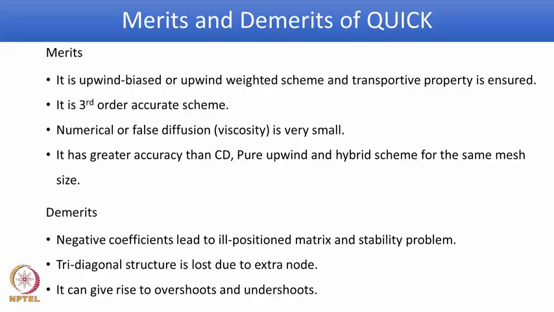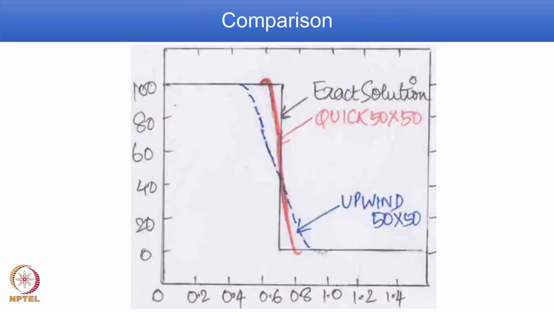Let us get an idea of what is overshoot and undershoot with the help of an illustration. What is shown here is one solution finally obtained, and you see here this black line corresponds to the solution obtained by analytical procedure or exact solution. If you use pure upwind with a mesh size 50 by 50, you get the solution as shown in blue color, and for the same mesh size if you use QUICK scheme, then you get the solution marked with the red color.